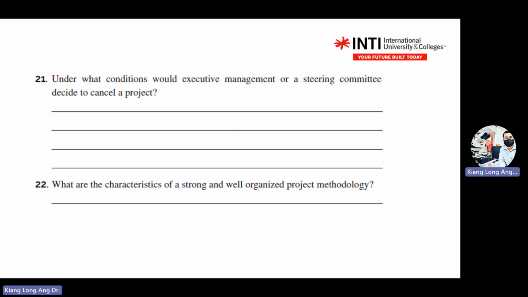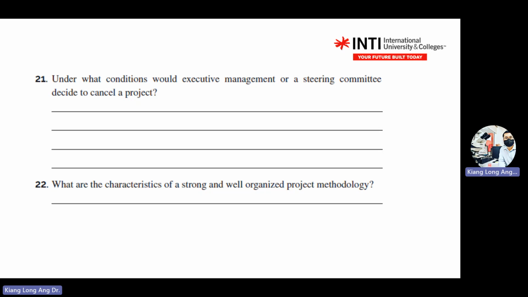21. Under what condition would executive management or the steering committee decide to cancel the project? So there are 4 types of decision: go with the objective, go with revision, third one is hold with collection of information, and the last one is cancel.